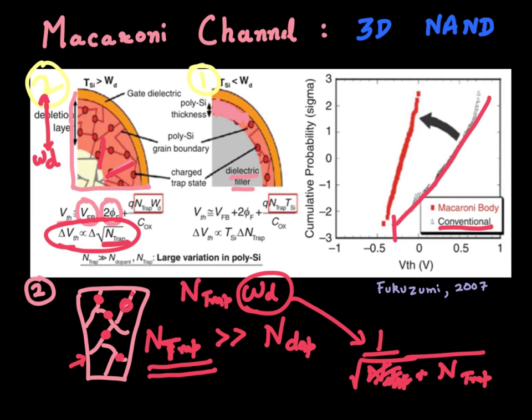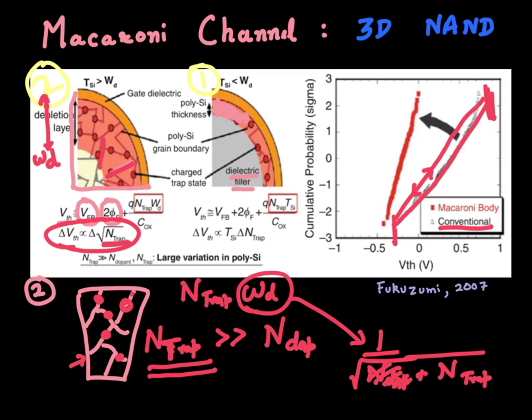So the threshold voltage, let's say in some region, if there are no traps, it could be lower, versus if in some region there are a lot of traps, it could be much larger, and it could vary in this large range, which again becomes very difficult to control.